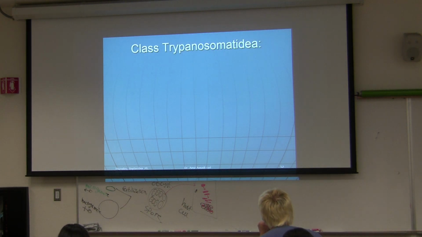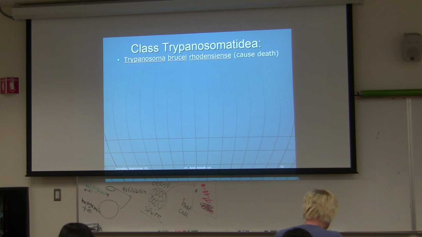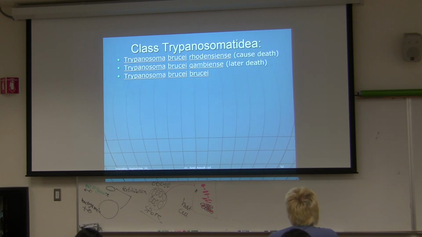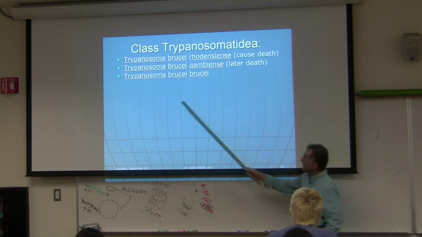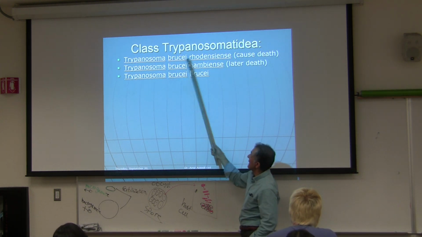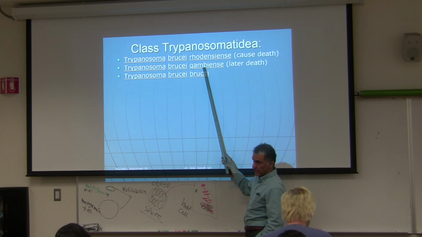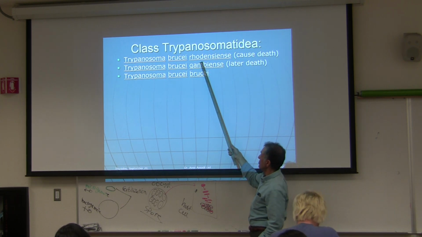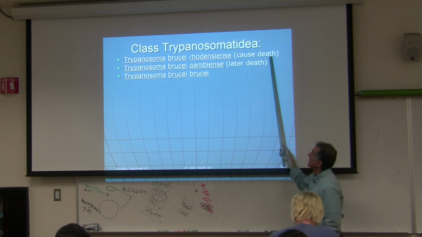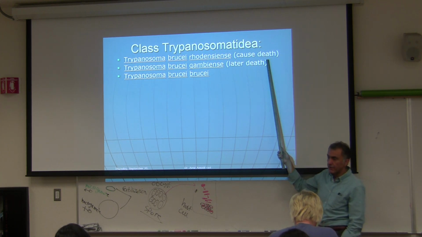The next one, class Trypanosoma. Trypanosoma brucei rhodesiense causes death. Among these 3, Trypanosoma brucei rhodesiense is a subspecies. Remember, these are all genus, species, subspecies. So the subspecies rhodesiense will kill people in Africa.